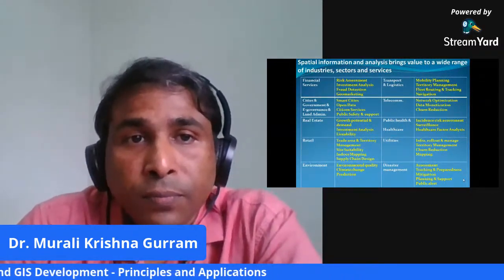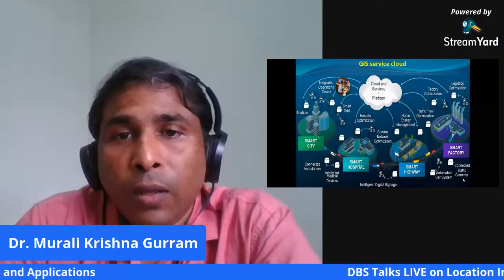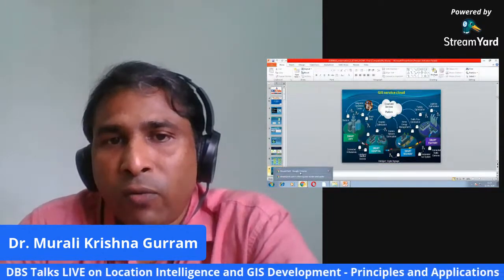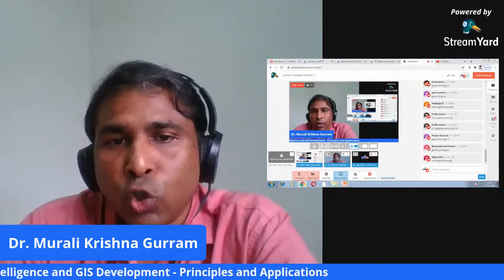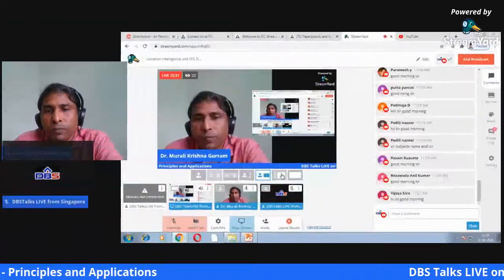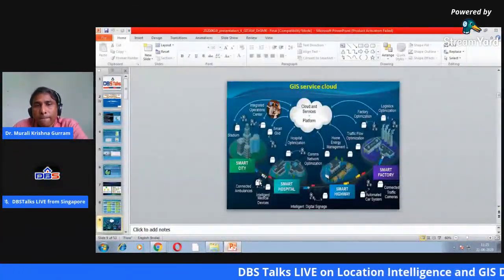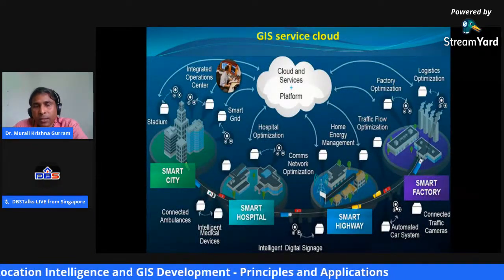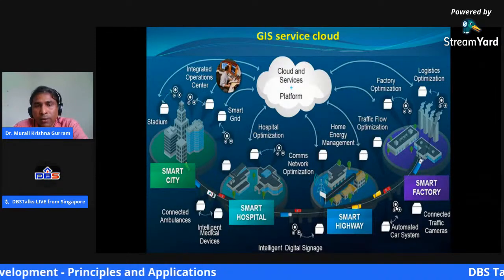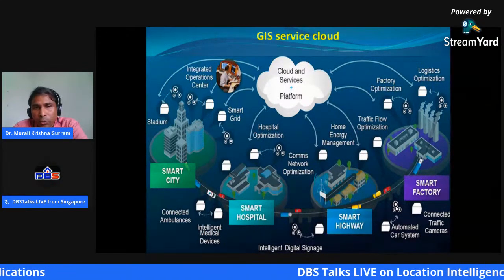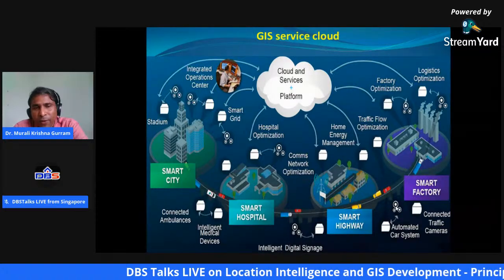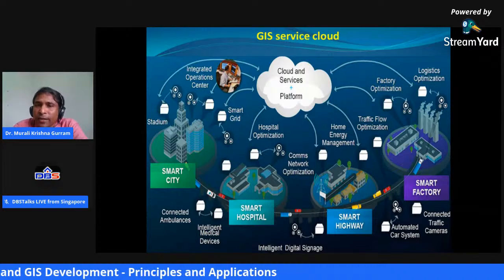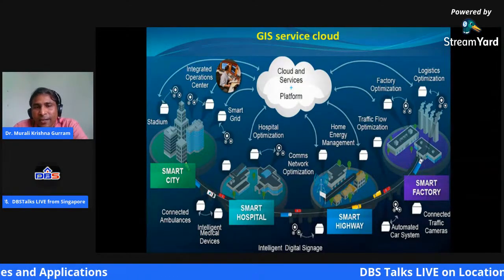Next slide, please. So you can see this GIS Service Cloud. This is just one specific example I wanted to showcase, where we are talking about smart cities. In a smart city, you are referring to smart hospitals, smart highways, smart factories. Everything is interconnected.